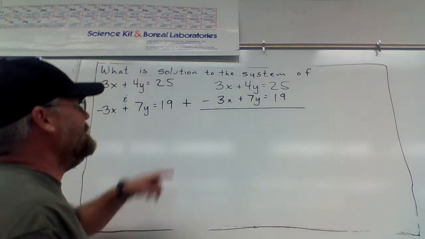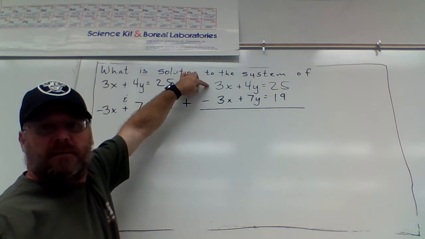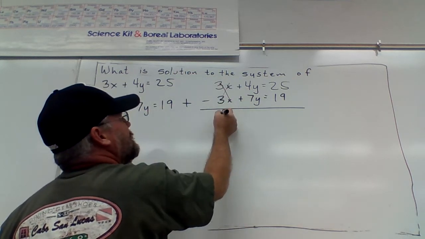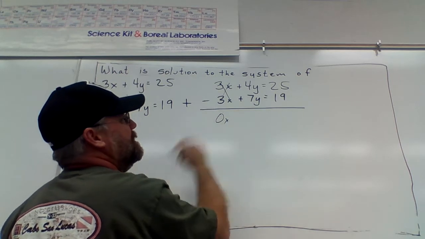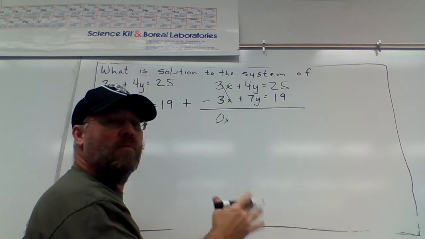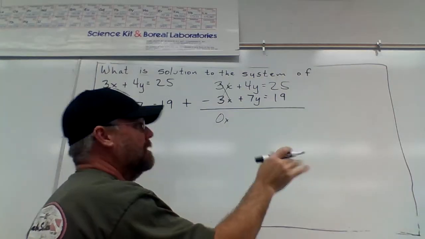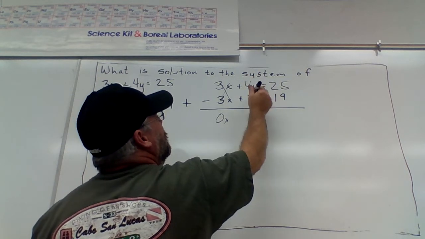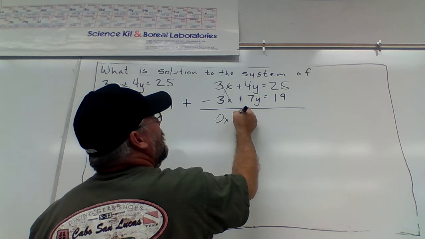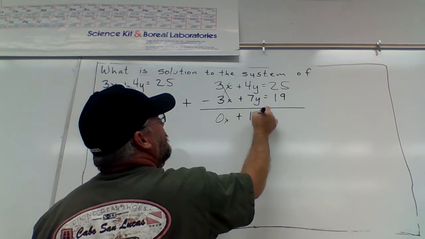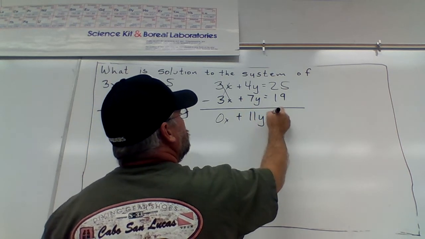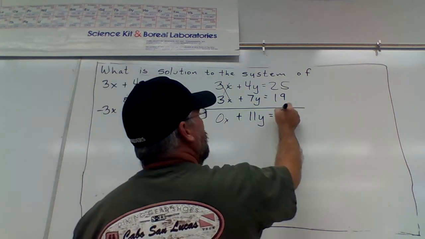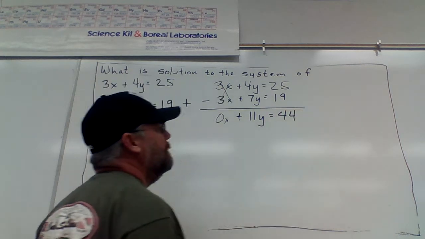If I take 3x and negative 3x, those go away. I get 0x, which I don't have to worry about anymore. If I take 4y and 7y and combine them, I get 11y. I take 25 and add it to 19 and I get 44.